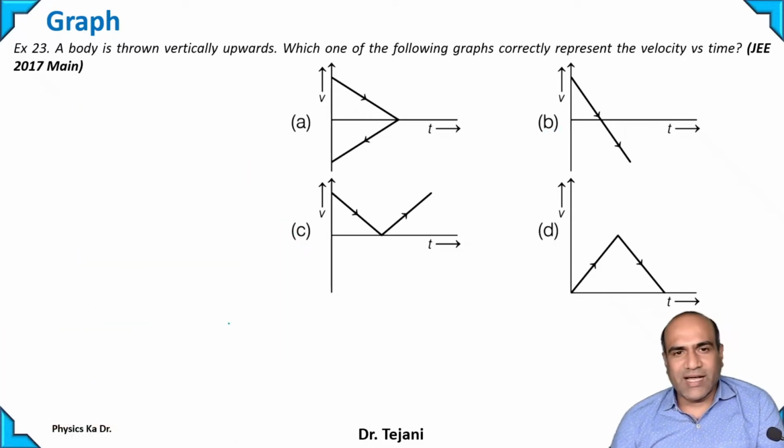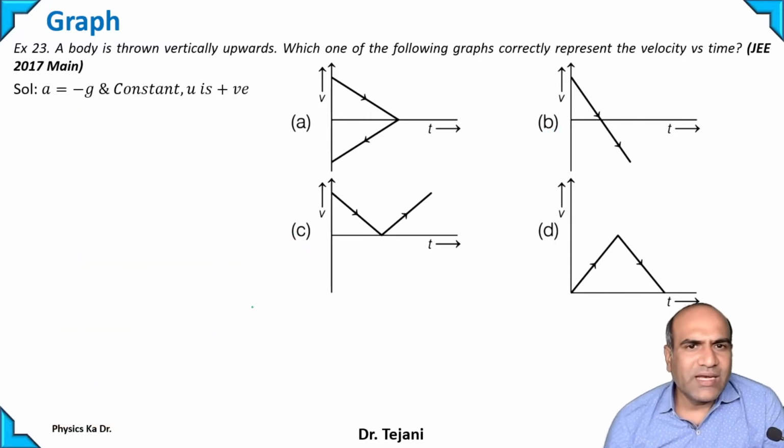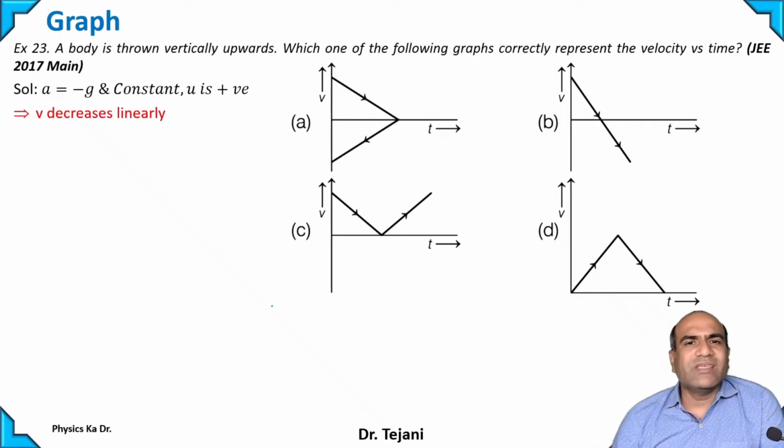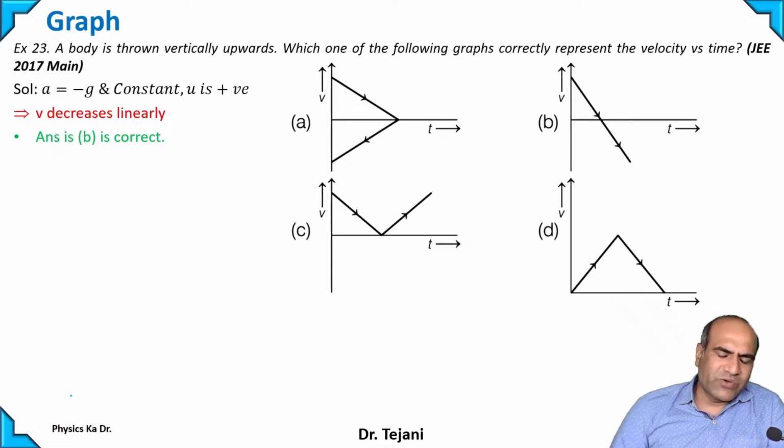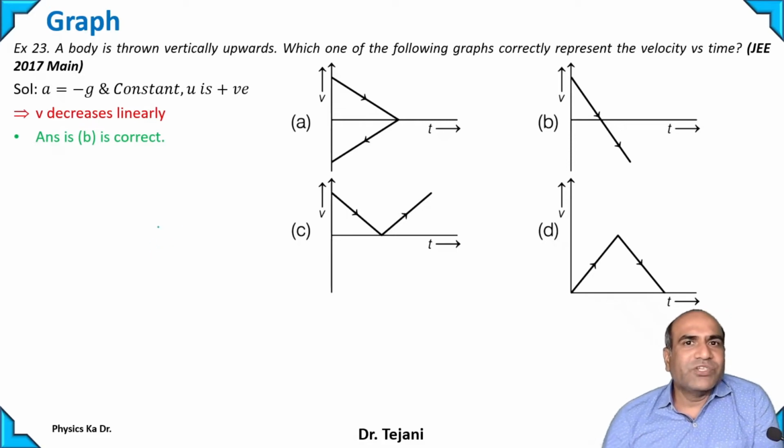Answer is B. A is a negative constant, u is positive, so v decreases linearly from the positive and keeps on decreasing. You cannot have two velocities at the same time. So B is the correct answer. Only logic is required when you talk about JEE questions.